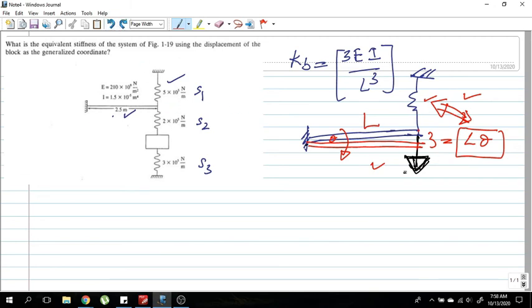I will take this as SB. These two are parallel.